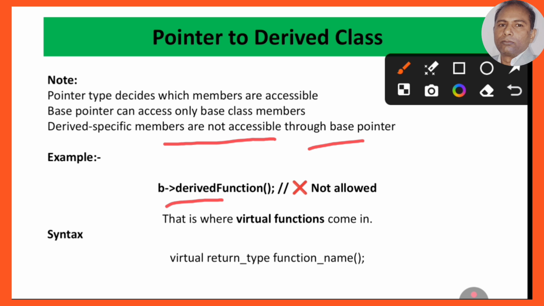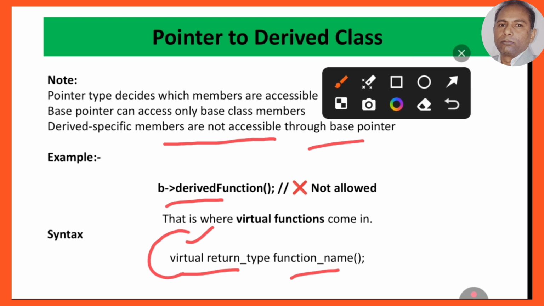This can only be done by making virtual functions, so we will see in the next lecture how to use virtual functions for the derived class. The syntax for virtual functions is: we write the virtual keyword, then the return type, then the name of the function. That we will see in the next lecture.